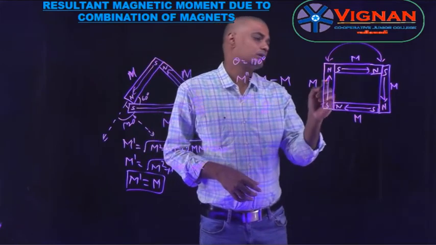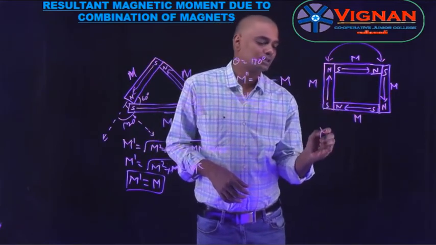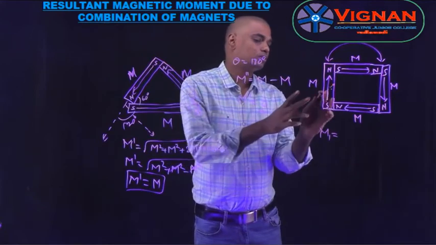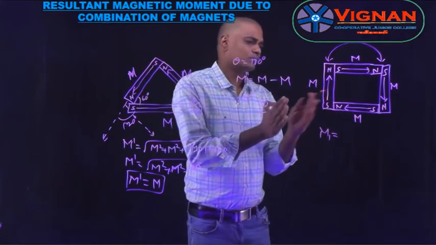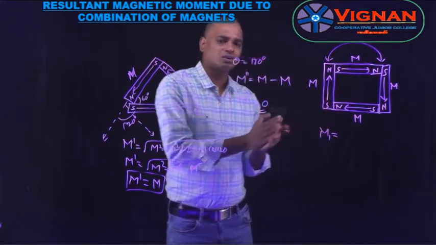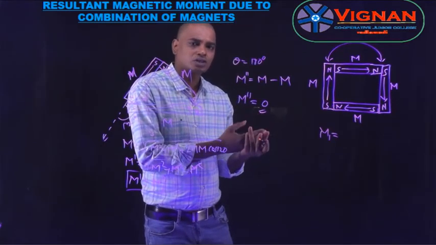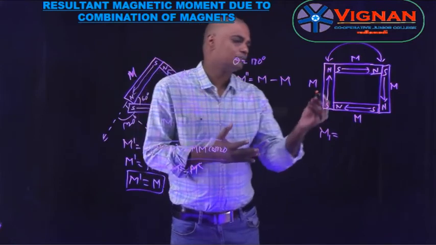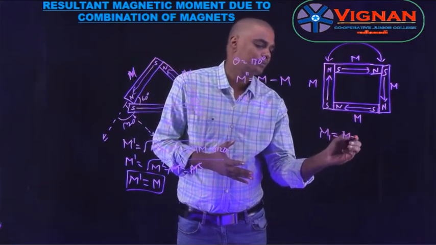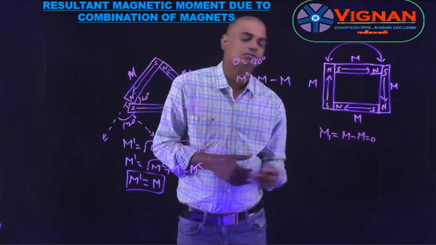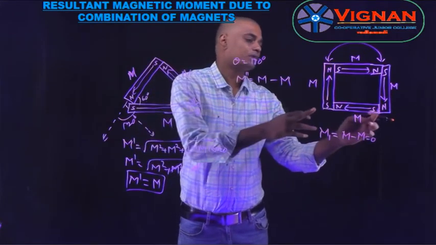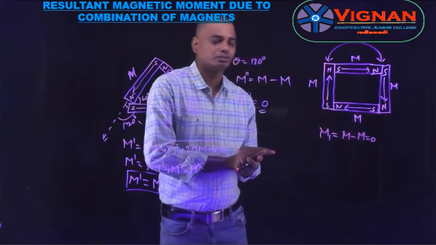In the first case, the resultant of these two bar magnets, M1, is placed one above the other, and the angle theta is equal to 180 degrees. So cos 180, so M1 minus M2, M minus M, is equal to 0. So the resultant magnetic moment due to these two bar magnets is 0.